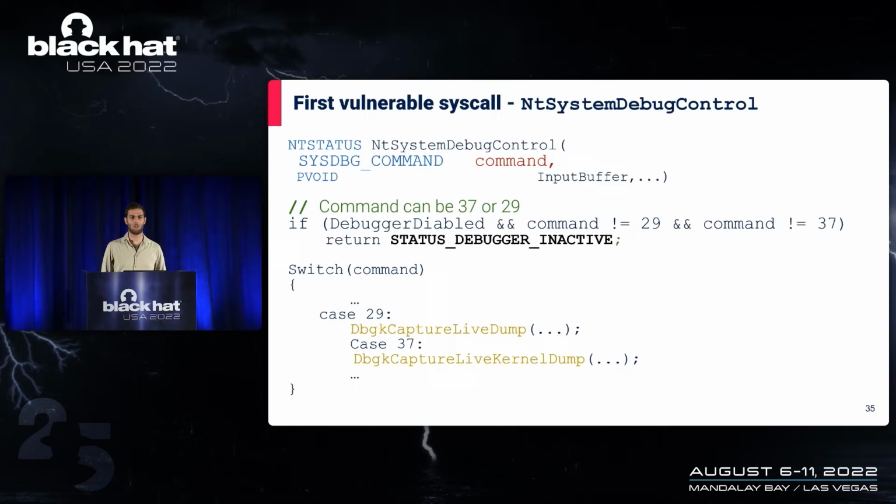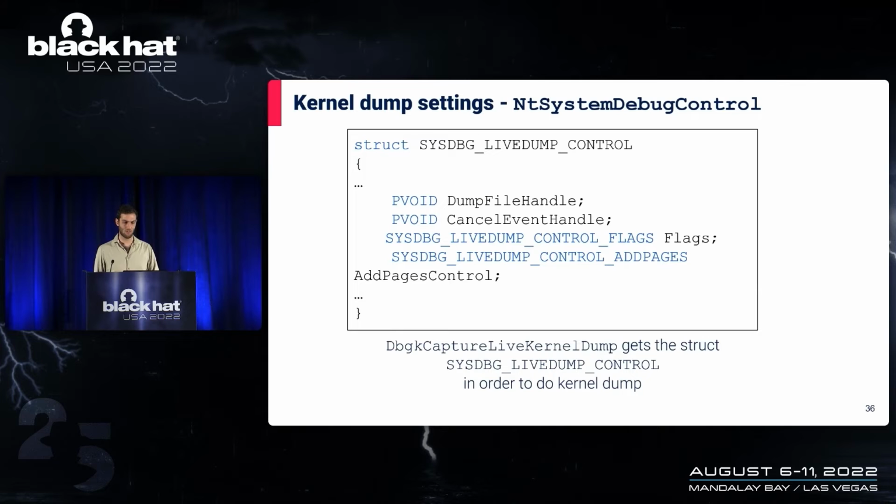The only two options that on a clean Windows machine will work are dump user mode, which won't give me any actual value because I need an open handle to it, and kernel dump, which definitely will do the work. So in order to do a kernel dump from the container, I need to fill the struct SYSDBG_LIVEDUMP_CONTROL, which contains two important parameters.